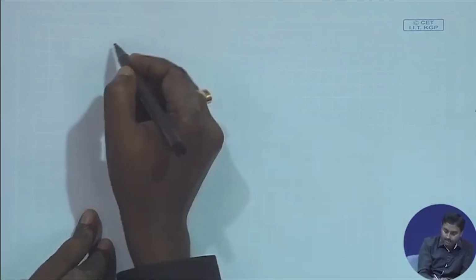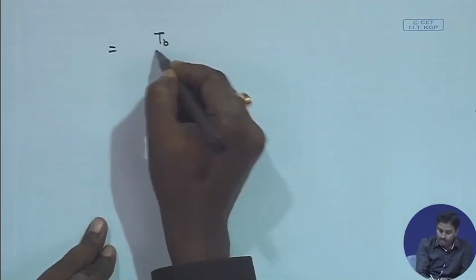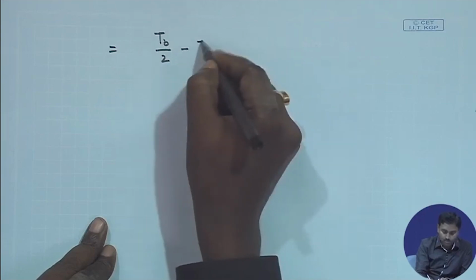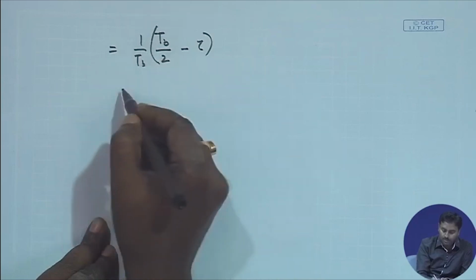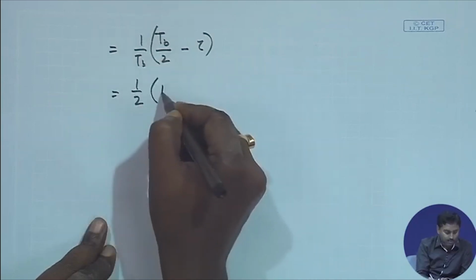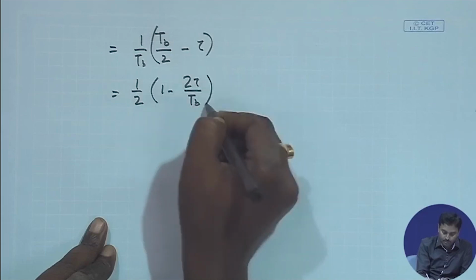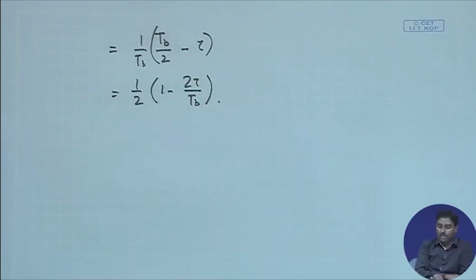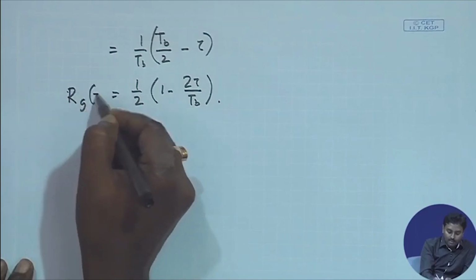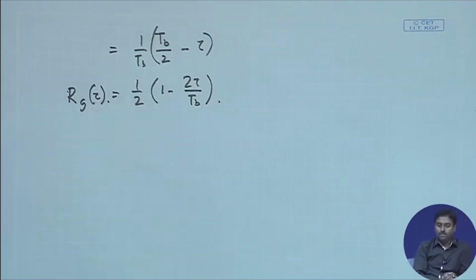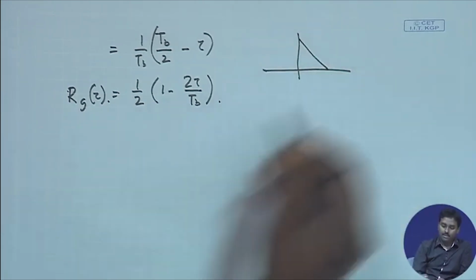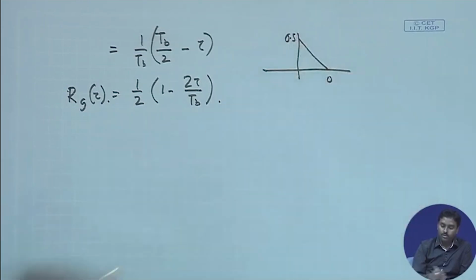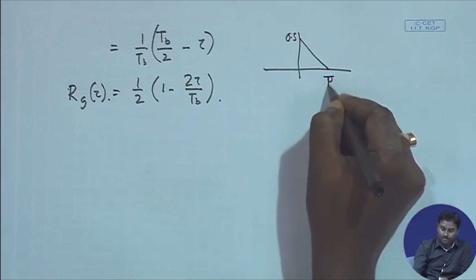Therefore I get Tb by 2 minus tau, and there is 1 by Tb. Or I can rearrange it as half into 1 minus 2 tau by Tb. This becomes my Rg(tau), which is a linear function that starts from 0.5 and goes to 0 at Tb by 2.